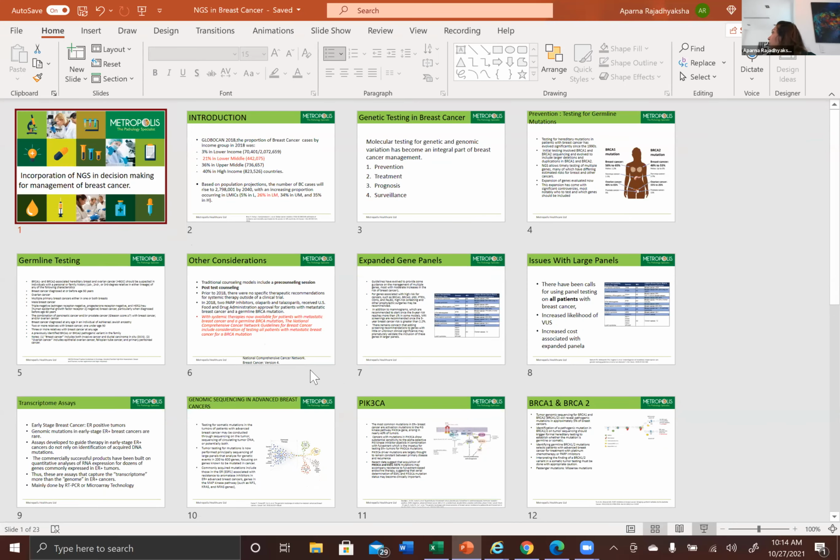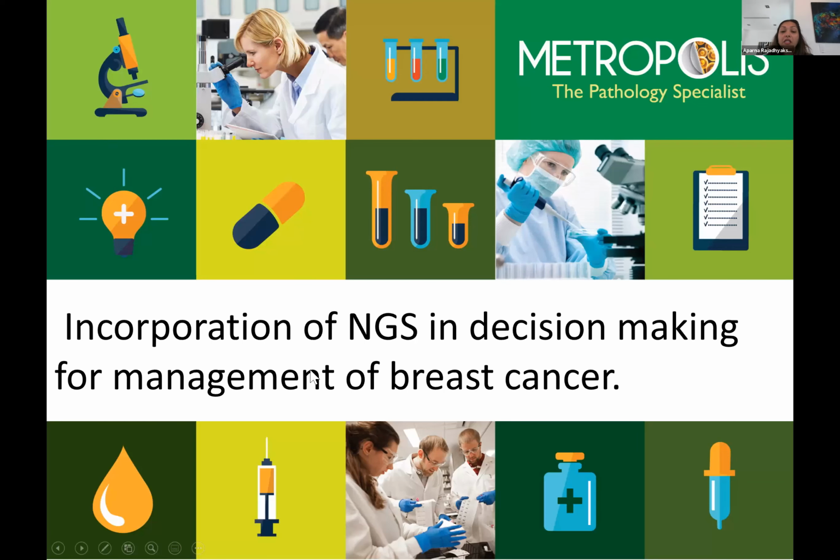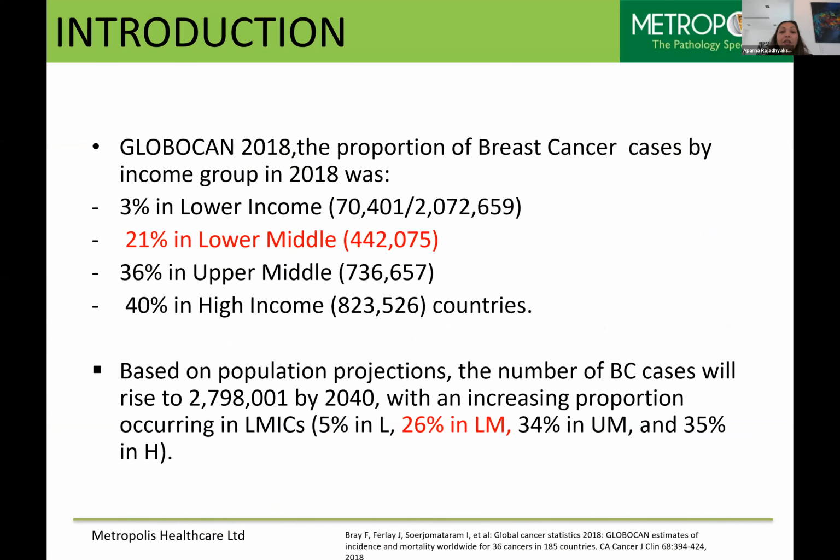Okay. So the talk is basically NGS in decision making and management of breast cancer. When I first started the talk, I said, should we do somatic? Should we do germline? Really all of it is part of management in breast cancer. I think this comes at a very timely point, because when Globocan did a study in 2018, they found breast cancer cases increasing.